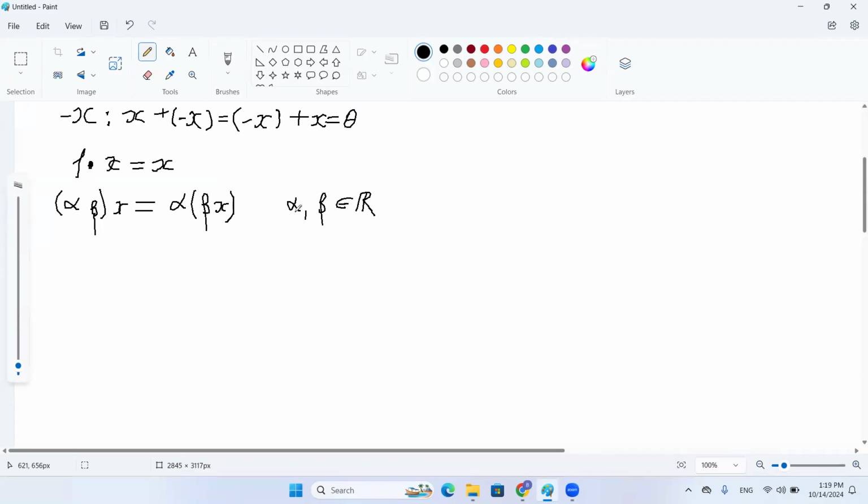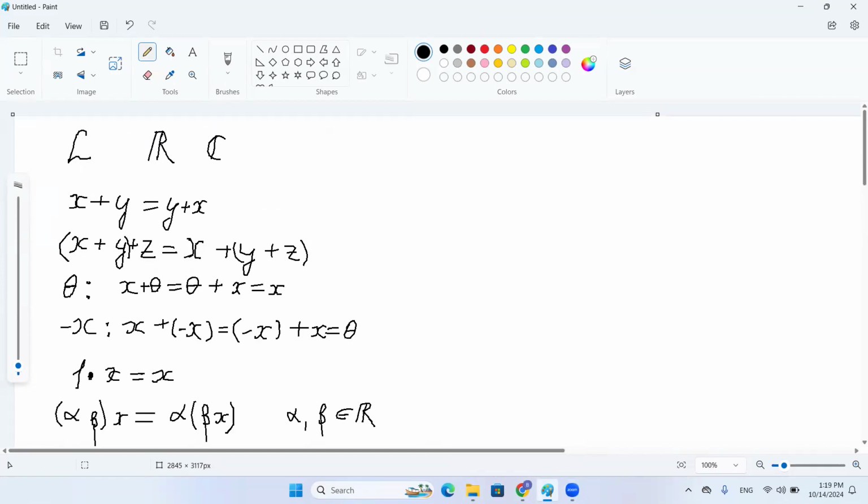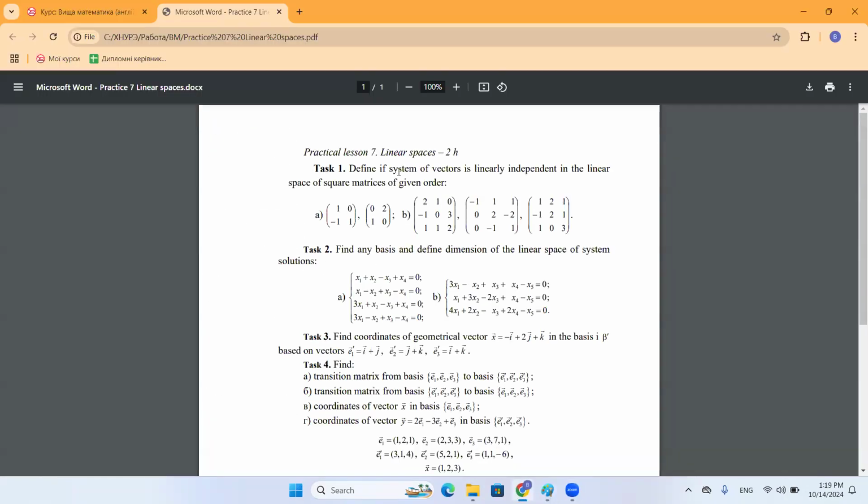Okay, so let's start solving the task. Task one is the next. We need to define if the system of vectors is linearly independent in the linear space of square matrices of given order.